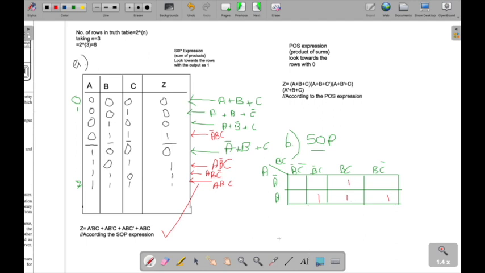Now to obtain a simplified expression using the Karnaugh map, you should draw boxes of even values. If we consider this part, we should have 2 here.